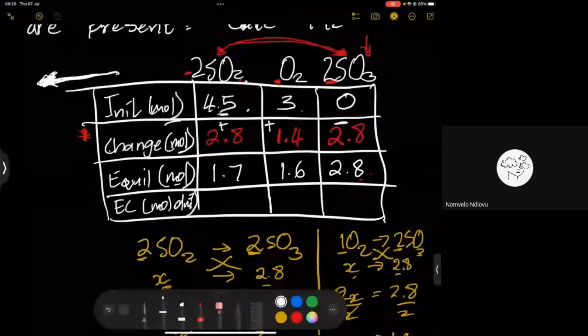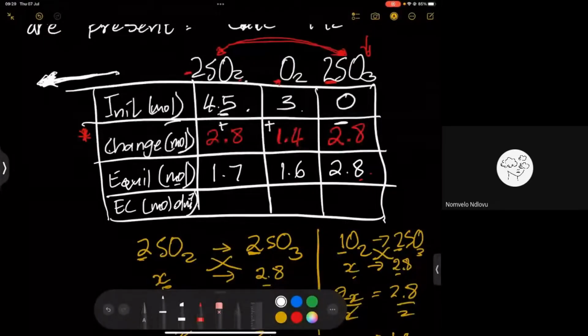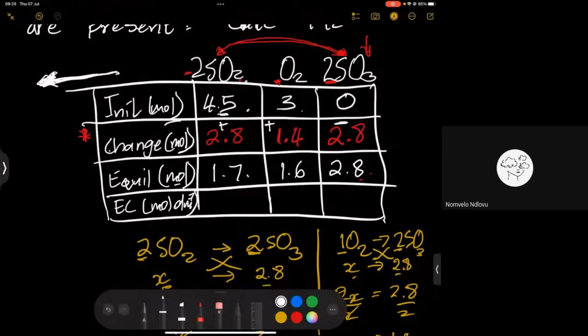So in that particular example, you'd say 4.5 plus the 2.8, and that would be the amount that you have at equilibrium. So it would really depend on which reaction is taking place, the forward or the reverse.